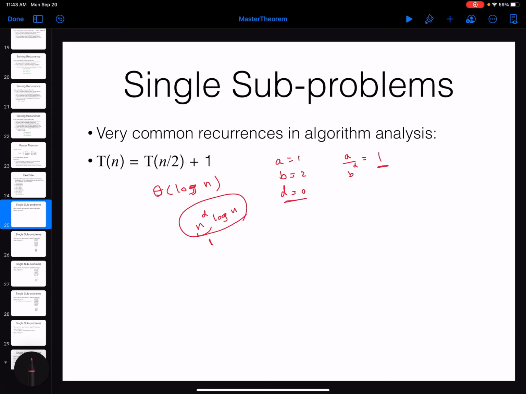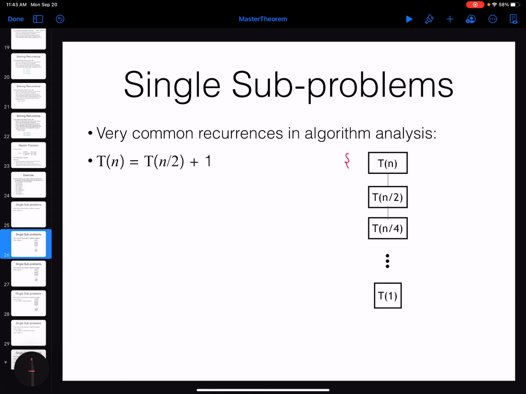But even if you don't want to apply the master theorem, you can simply use the substitution or the recursion tree. You can see that here the recursion tree is not really looking like a tree because the factor is only 1. T of n is equal to just 1 times T of n divided by 2. You can just write it down. Still this is a tree, but it looks more like a linked list instead of a tree.